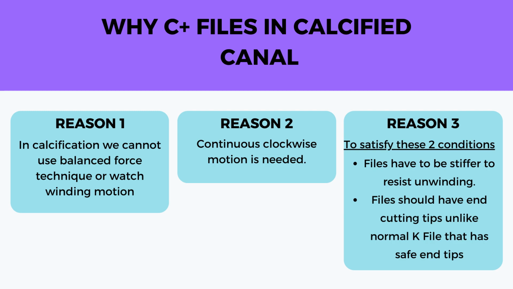Also, the C+ is made of higher quality stainless steel and has flutes arranged in greater density to resist unwinding. The difference in technique is that with C+ files you use a continuous clockwise motion, whereas with K-files you can use watch winding motion or balanced force technique.